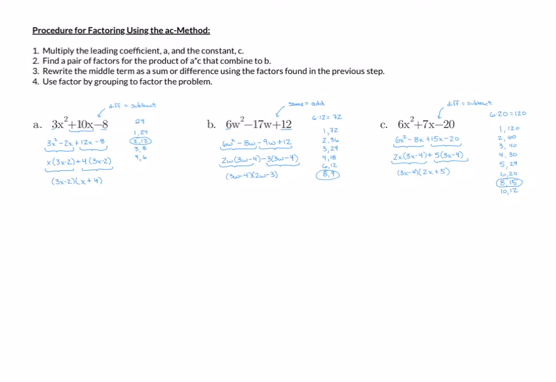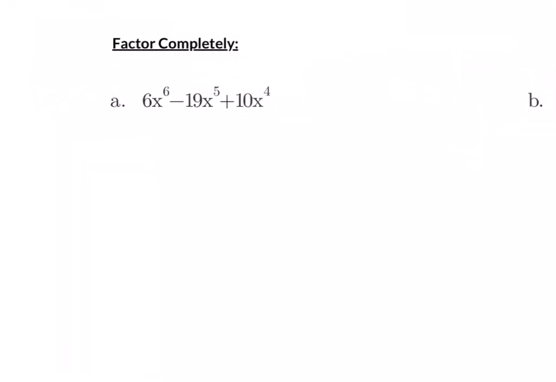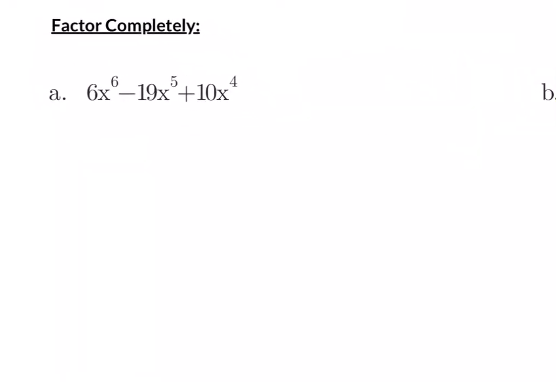Let's go ahead and extend this into our problems that involve factoring completely. All right, so for example A, the first thing we want to do is go ahead and factor out the greatest common factor. We don't have any number in our greatest common factor. 6, 19, and 10 have no common factors. But every single one of these terms has x's in it.